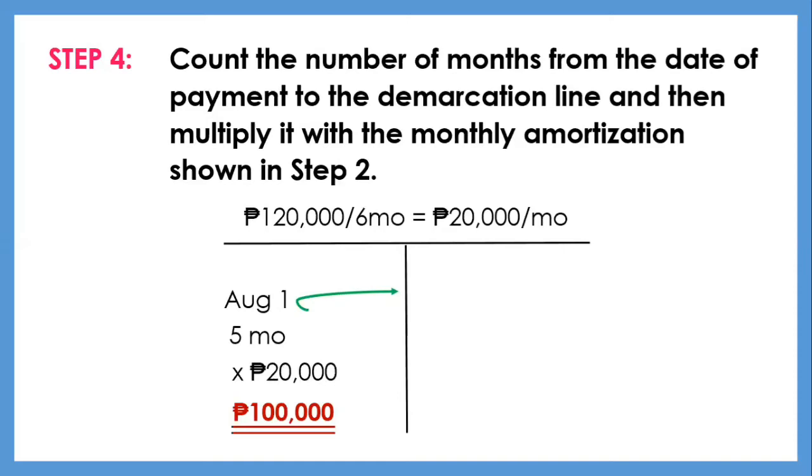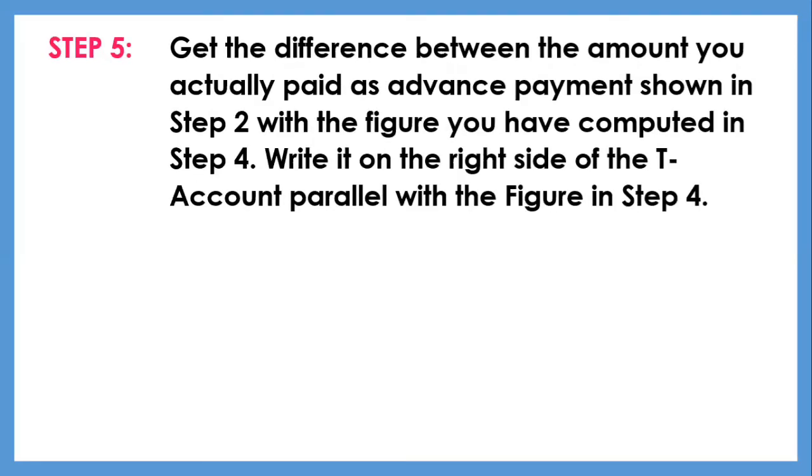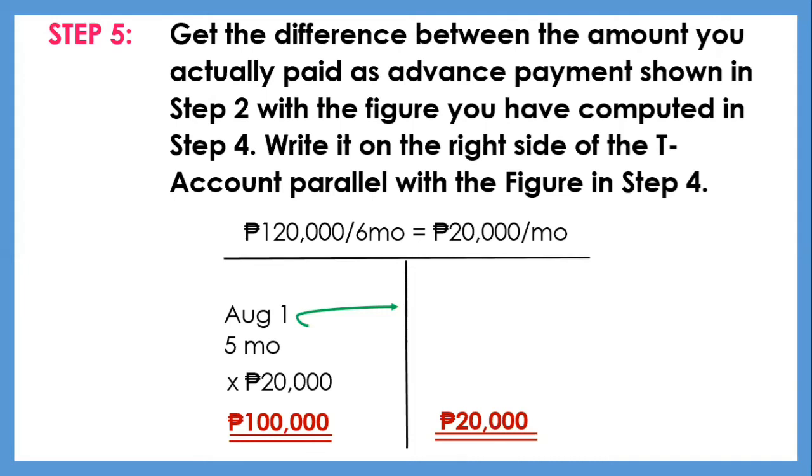And lastly, step number 5, we need to get the difference between the amount you actually paid as advance payment, shown in step number 2, and the figure you computed in step number 4. Write it on the right side of the T account, parallel with the figure in step number 4. This is how step number 5 looks like.